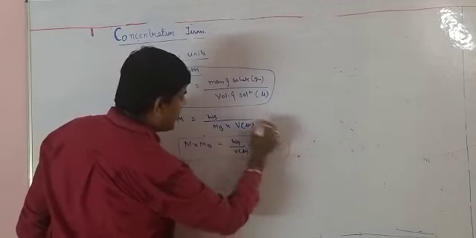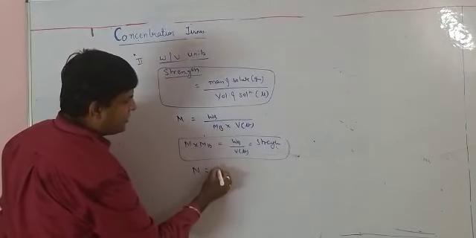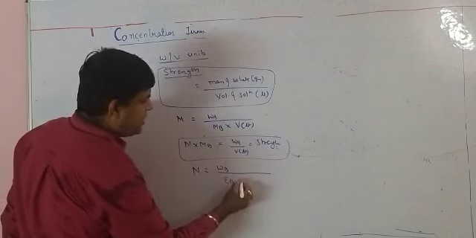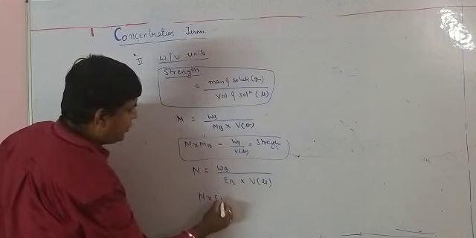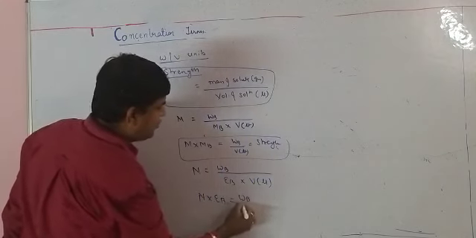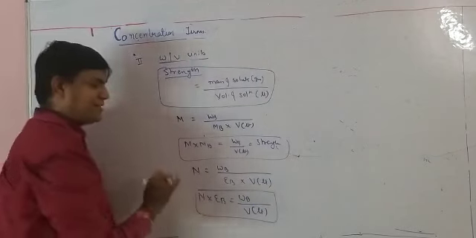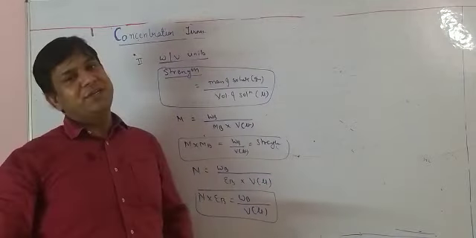So, by using the molarity, we can calculate the strength. Similarly, normality is WB upon EB into volume in liters. Now see, N into EB is equal to WB upon volume in liters. Again the strength has come. So by using the molarity and the normality, you can calculate the strength.